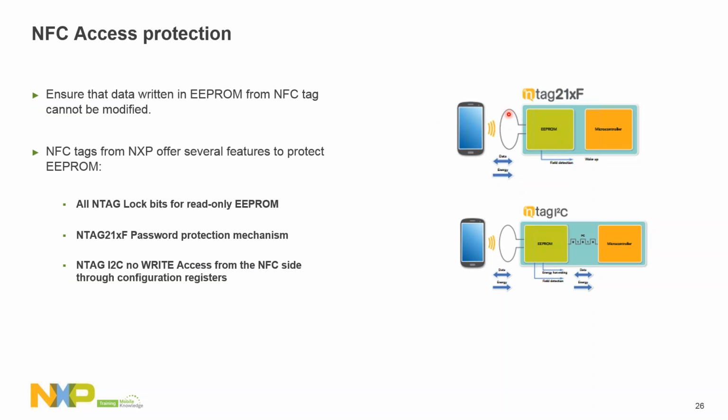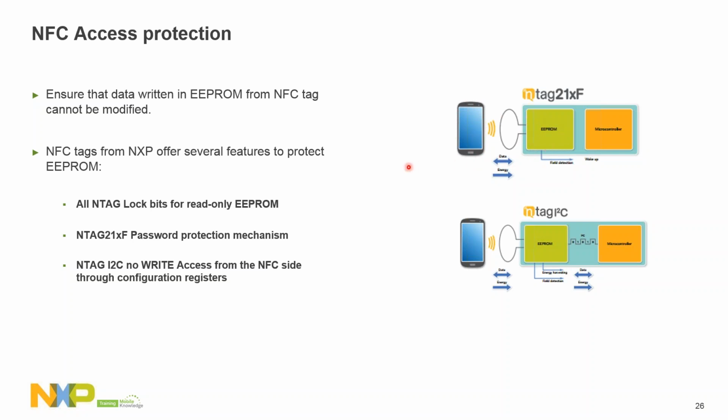The fact is that this might be necessary for applications where an NFC reader takes important decisions based on the data stored in the tag. In this case, it's of interest to ensure that only those authorized entities are able to modify the data, or even ensure that the data stored in the EEPROM is not modified at all.